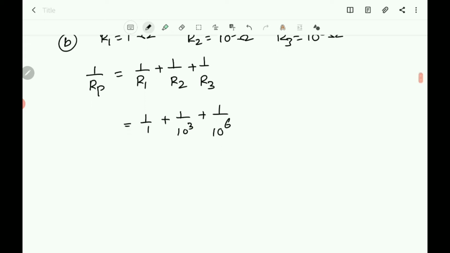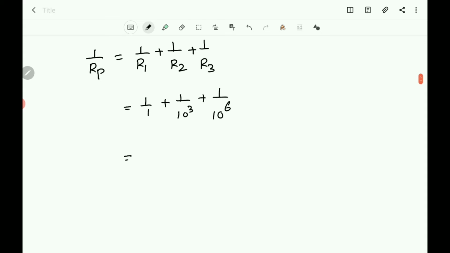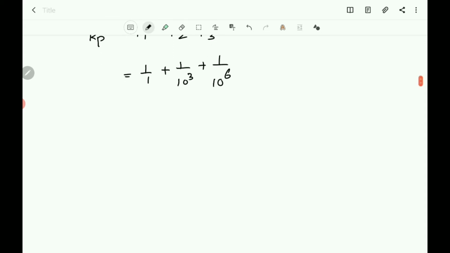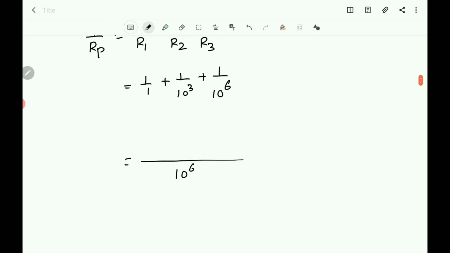And the LCM here is 10 to the power of 6. So the numerator becomes: first, 1 into 10 to the power of 6, that is 10 to the power of 6, plus 10 to the power of 3 into 10 to the power of 3, that is 10 to the power of 3 into 10 to the power of 3 giving 10 to the power of 6 over the LCM, plus 1.